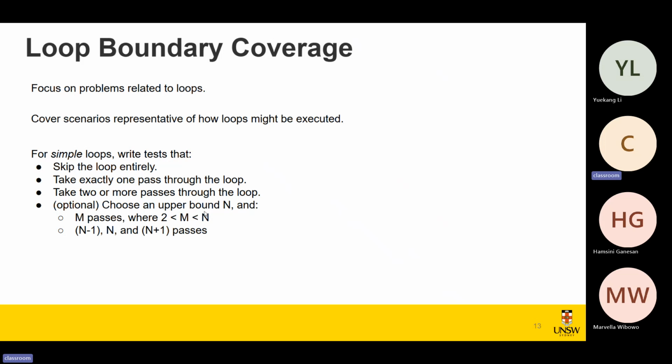And optionally, we can select an upper bound for this loop execution and select some special values to test out. So if we select an upper bound n, we can try to execute the loop m times, where m is larger than 2 and smaller than n. And we can also write test cases that can run the loop n-1 times, exactly n times, and n+1 times.